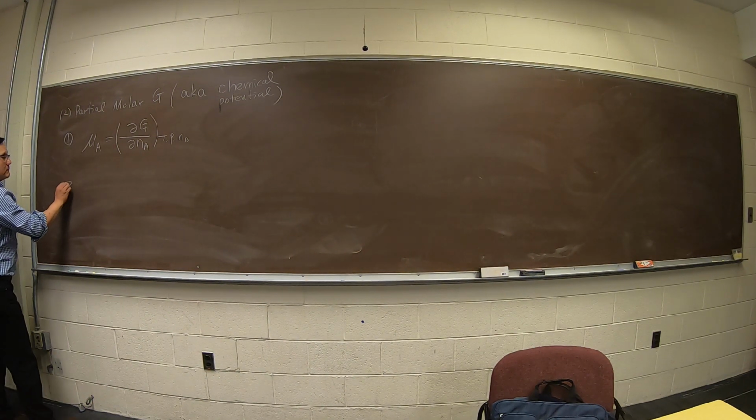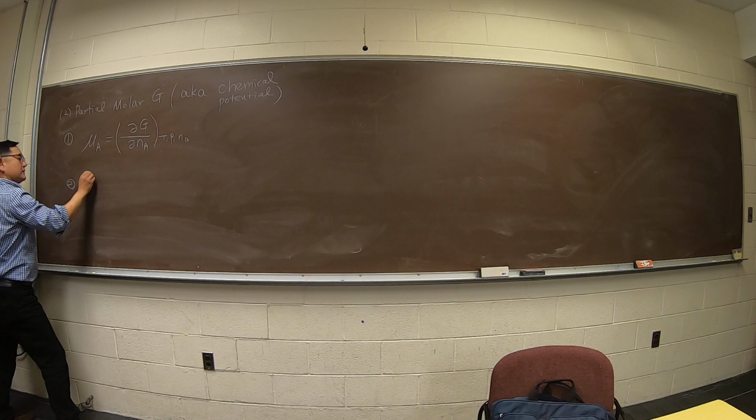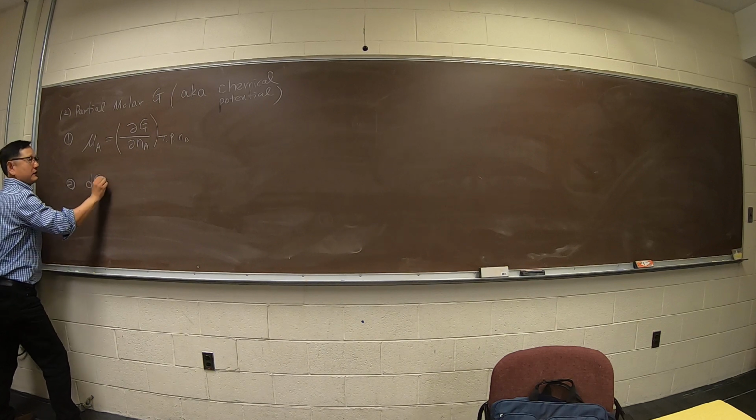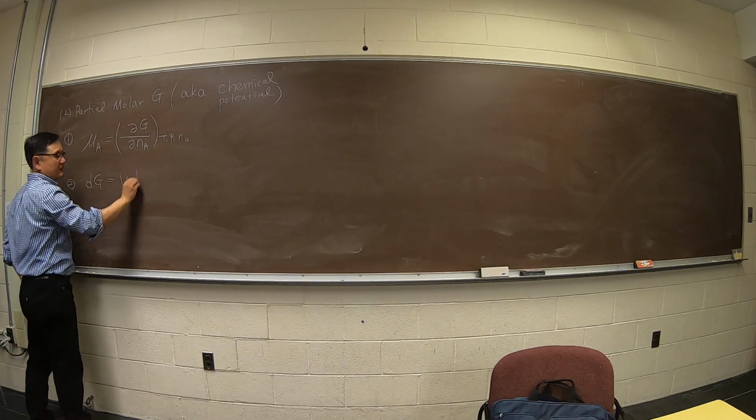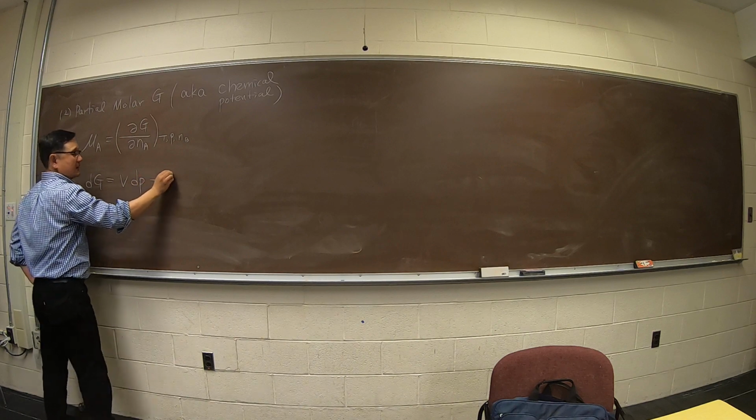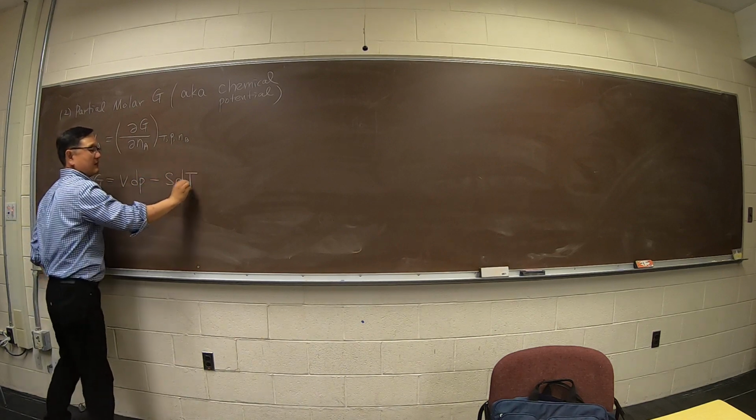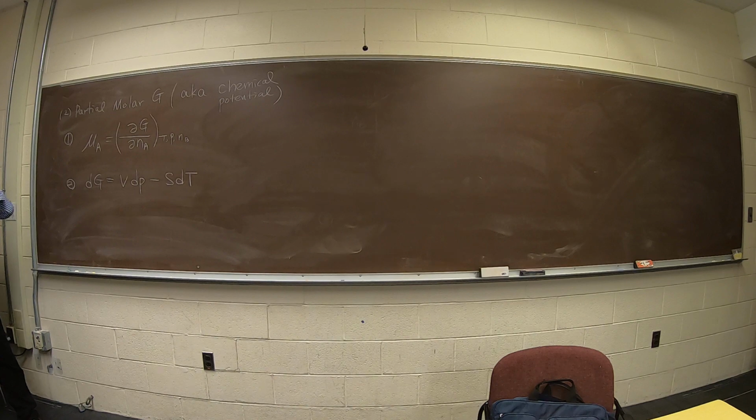And now it becomes the dG equation, what you used to know, VdP minus SdT. That's for the pure compound.